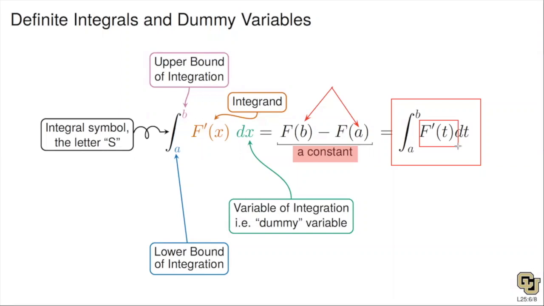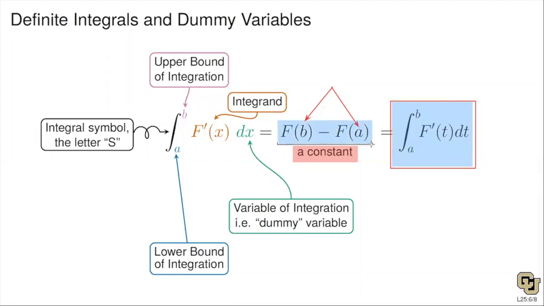So then we just do F of b minus F of a. So even the integral from a to b of f prime of t dt is equal to this constant. So even this integral that's in terms of t, again, gets us back to the same constant, F of b minus F of a.